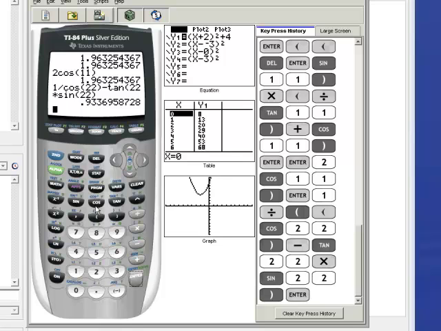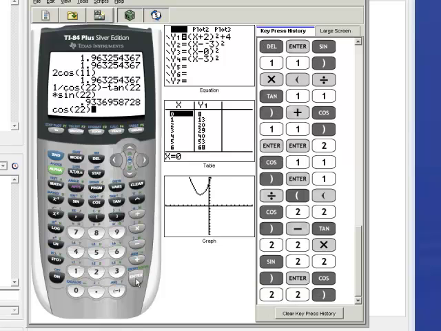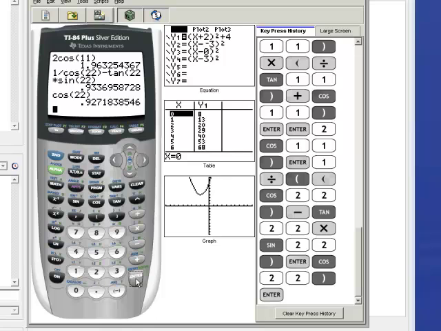Then when we simplified it, we came up with simply cosine. So cosine of 22 comes out to, oh, well, that's interesting too. How do I do that? 0.927. I don't remember making a mistake there either.